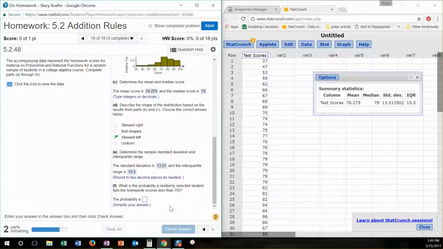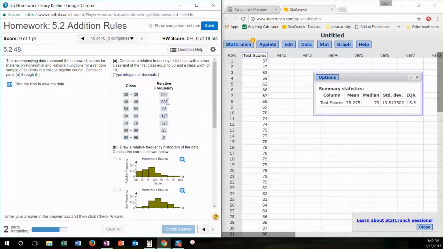Now, the remaining two parts of this question deal specifically with the probability of selecting a student who made some sort of score on the test. What's the probability of selecting a student who fails, or who has a score of less than 70? Remember that we have a table up here which gives me those probabilities.